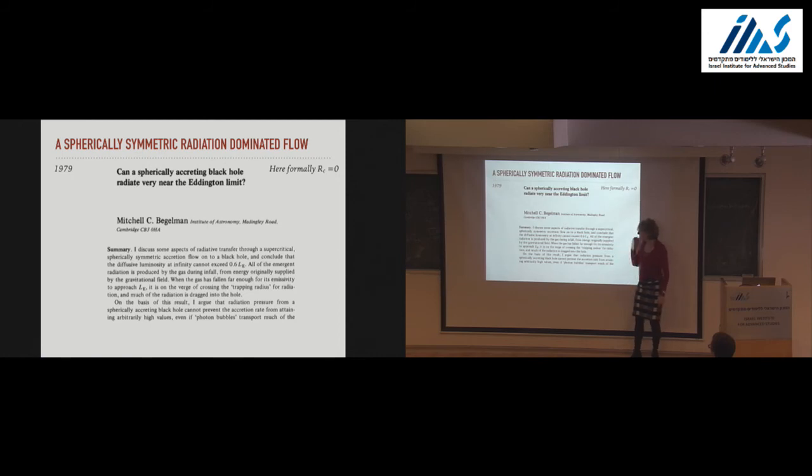All the rest is dragged into the hole. Okay, so this is the first picture that I mentioned to you. And here there is no circularization, so certainly the circularization radius is much smaller than the trapping radius. And that's why you get this result.